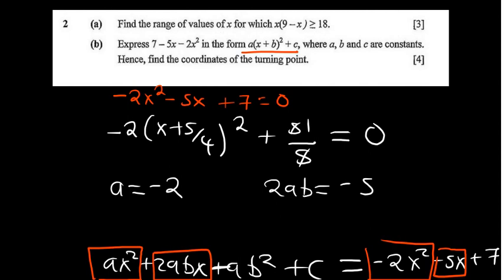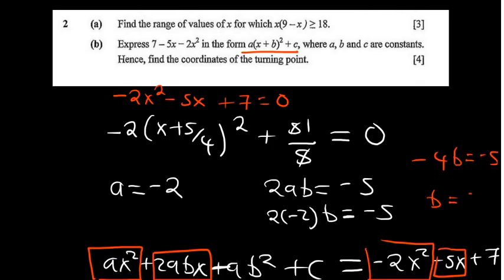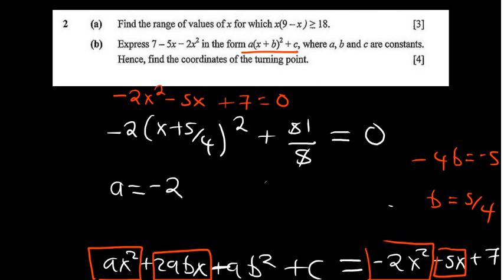Your a is already found to be negative 2, so you can distribute, you're going to get negative 4, so you end up with negative 4b is equal to negative 5, so b becomes 5 over 4. So I've seen that the answers are already confirming what we have.